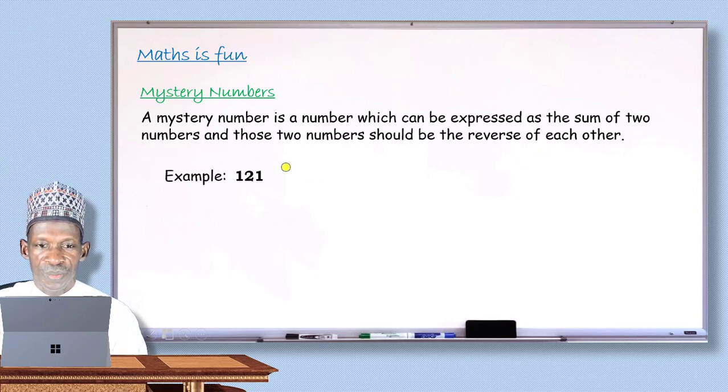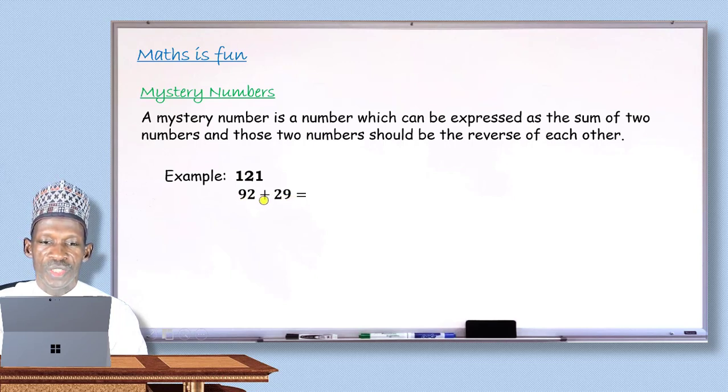Let's take examples of mystery numbers. 121 is a mystery number. If it is a mystery number, it means I can express this number as a sum of two numbers, and those two numbers are reverses of each other. Let's see how we can express this 121 as a sum of two numbers which are reverses of each other. 121 is the same thing as 92 plus 29. 92 and 29, you can see they are reverses of each other.